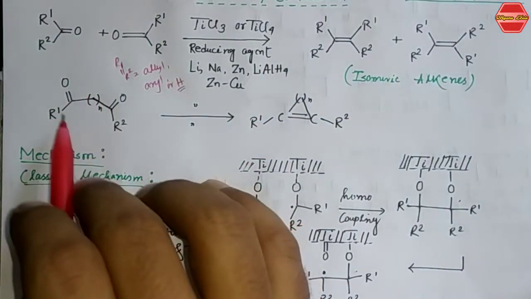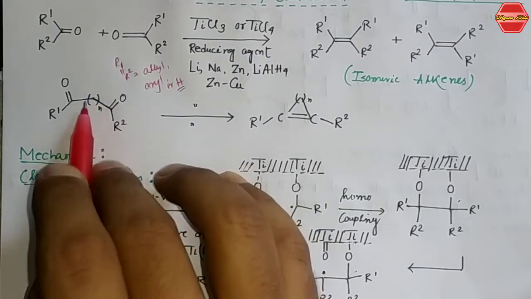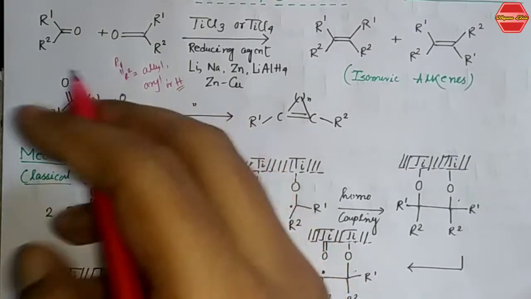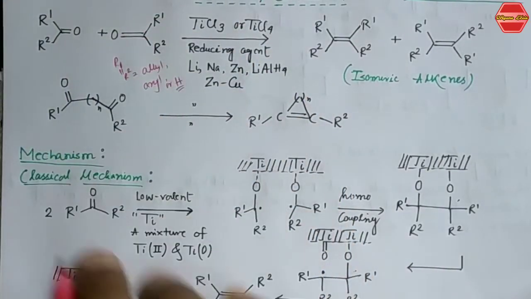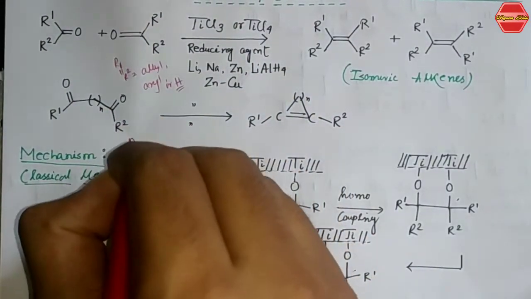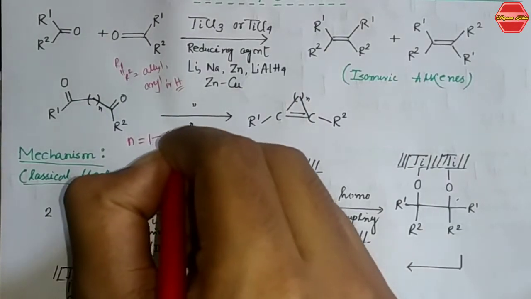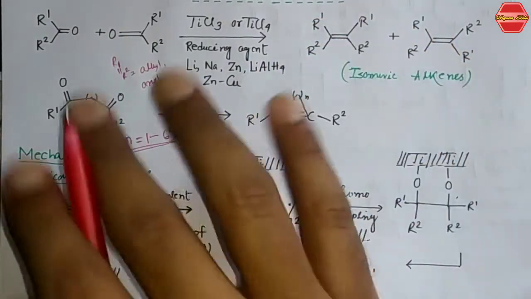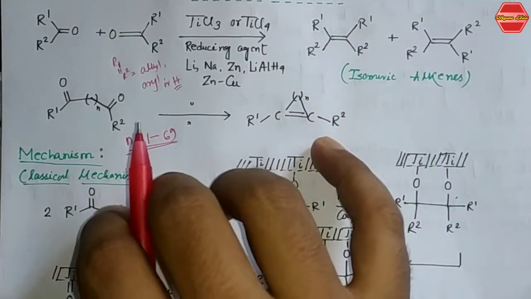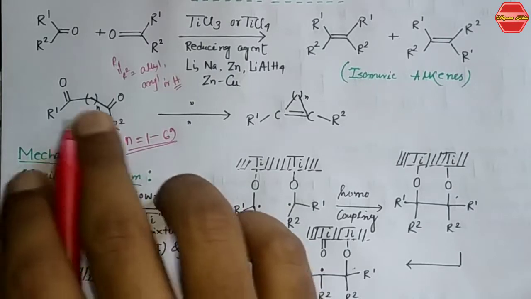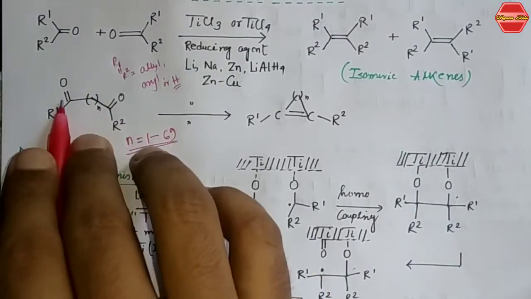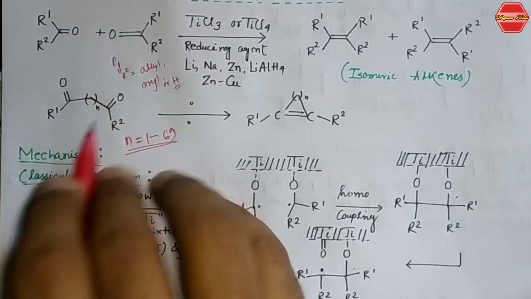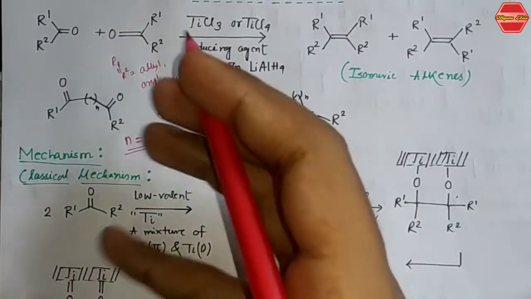Now if we have two ketones in the same compound, the n may be the number of CH2 units, 5, 6, 7 like that, and n can vary from 1 to 69. So you can see that you can prepare a huge molecule by using this McMurry coupling. This is prepared from a diketone present in the same compound, where R1 and R2 may be alkyl, aryl, or hydrogen.